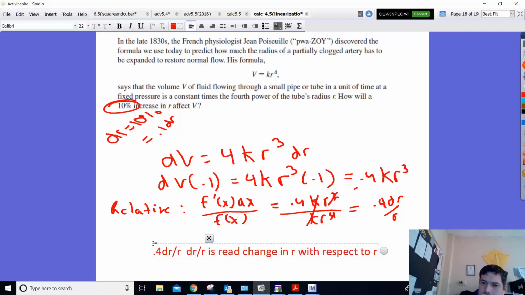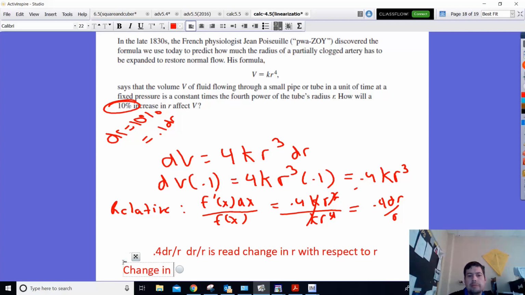I'm still missing something. What do we have on the right-hand side of this?